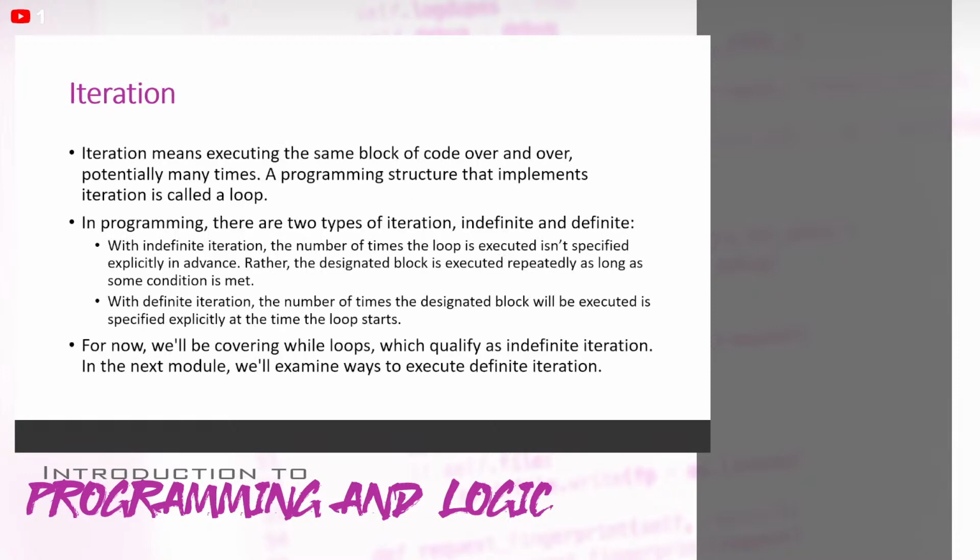And so iteration just means executing the same block of code over and over again. A loop is a programming structure that implements iteration, right? And what this is doing is changing our flow of execution just a little bit.